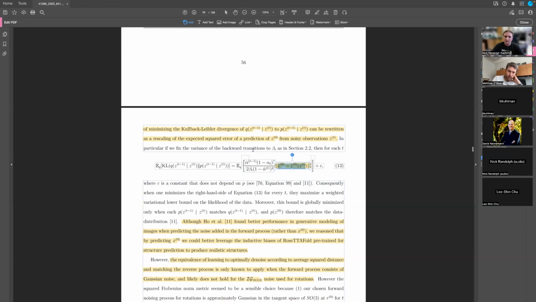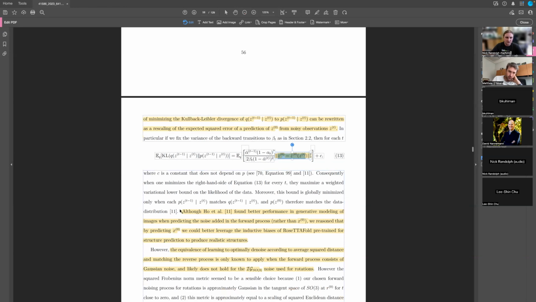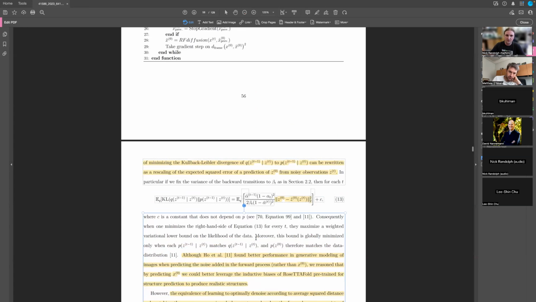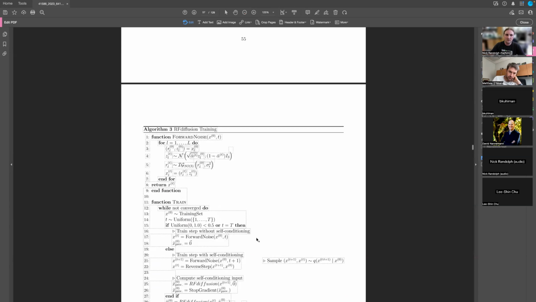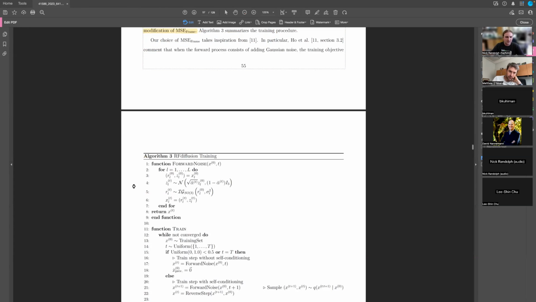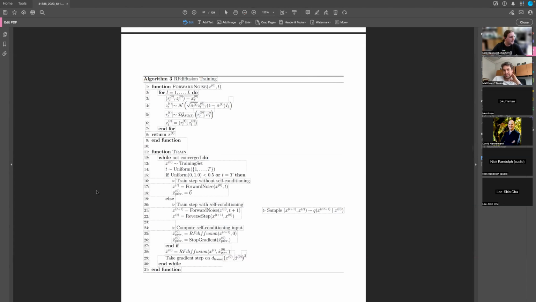This is well defined and justified when you're using Gaussian noise. But for rotations, this isn't entirely justified. It likely doesn't hold for isoGaussian SO3, but it's pretty sensible to use, and they justify it down here. So this loss function is also how it differentiates itself. I hope that helped a little bit.